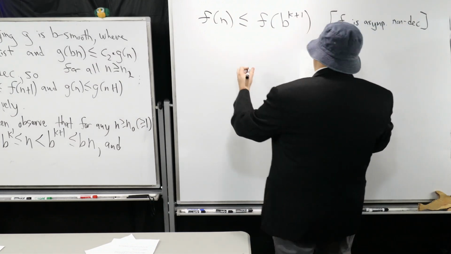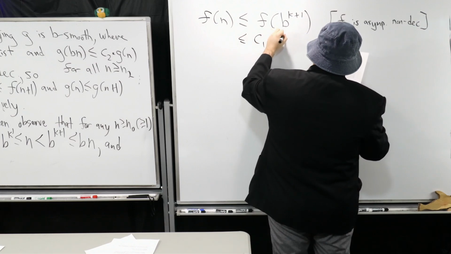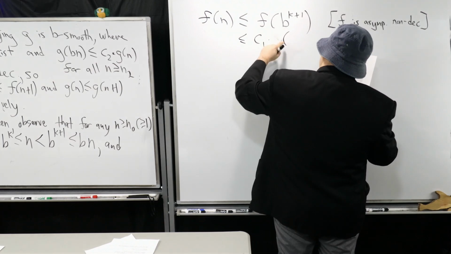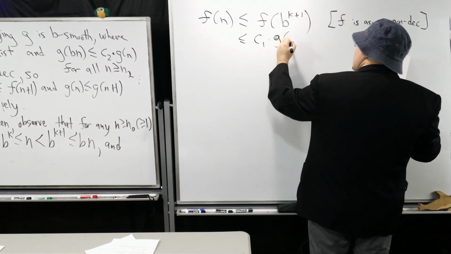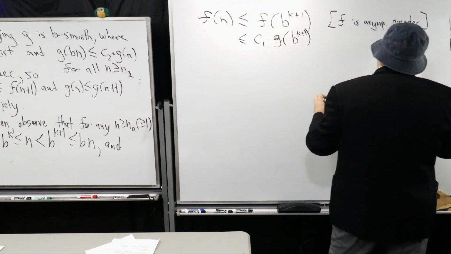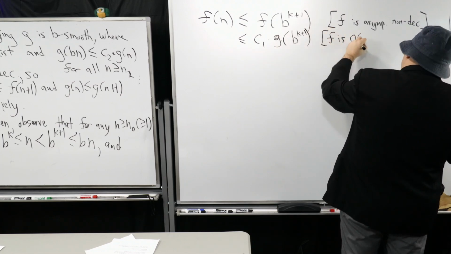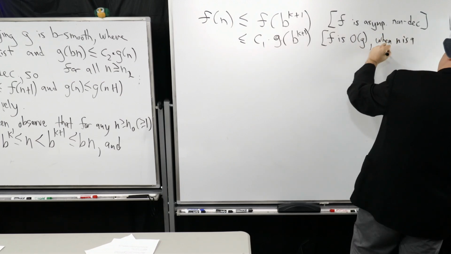Remember, we have the big O claim. This has to be less than or equal to C1 times, not f, it's going to be g. This is how we're going to bridge from f to g. C1 times g of b to the k plus 1. This is because f is big O of g when n is a power of b.